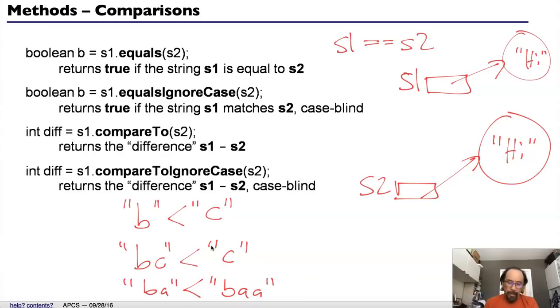Other examples: capital A is actually less than lowercase a. That might be a little non-intuitive, but that's using compareTo, which is subtracting the Unicode values of each one. And of course, there is also a case-insensitive version of that as well.